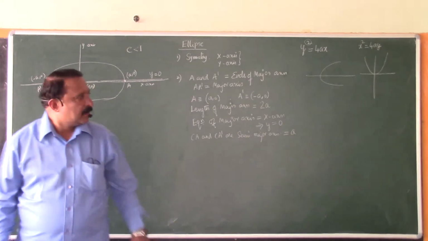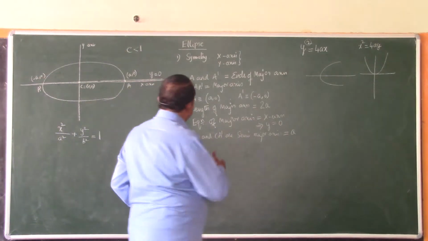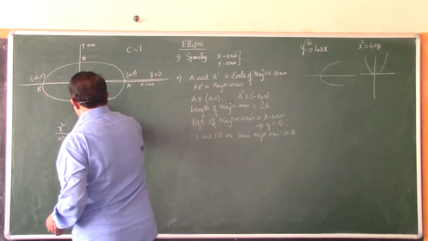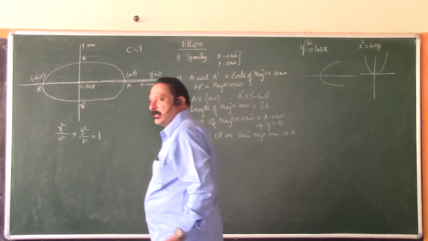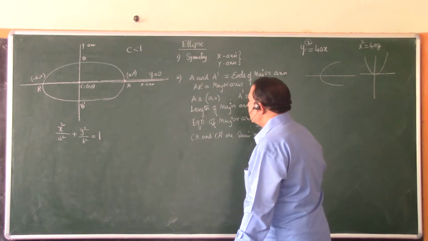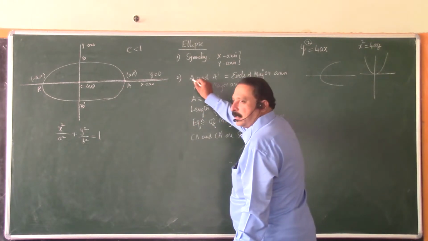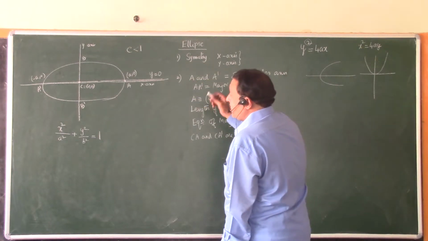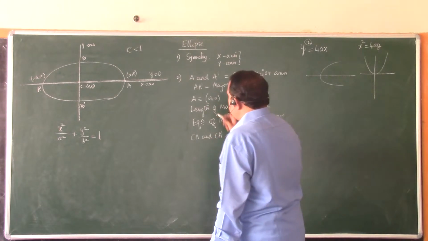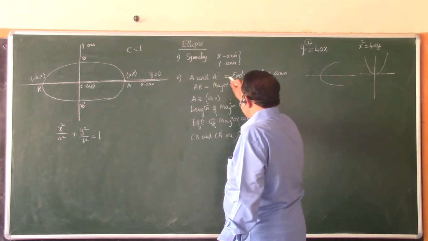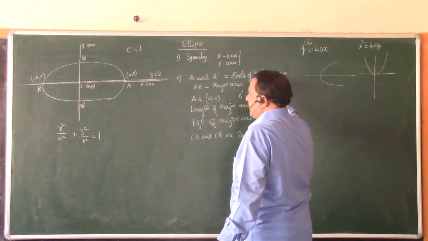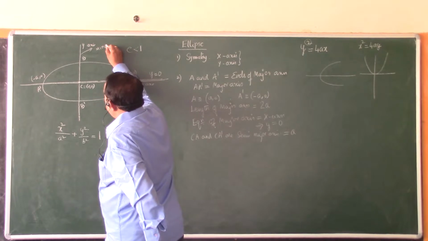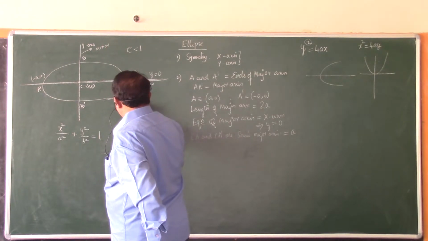Okay. Now I will come to the other axis, B and B dash. B and B dash are the ends of the minor axis. What is this axis called? Minor axis. This is the major axis.